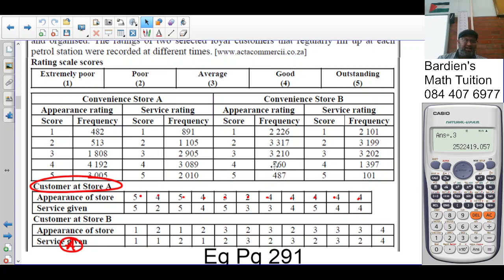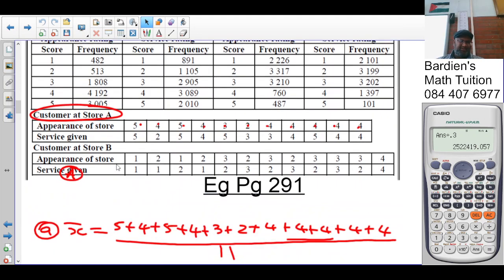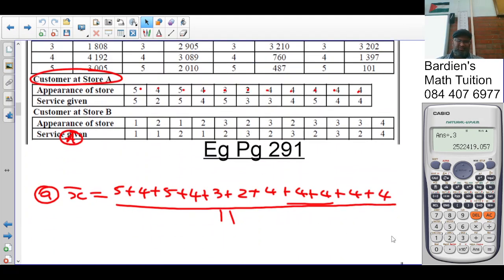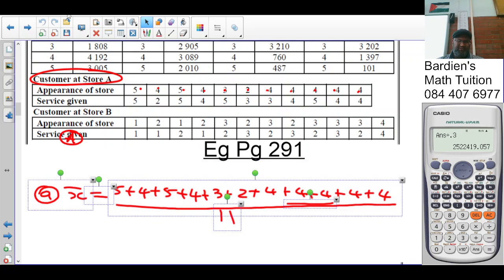We said that 1 is extremely poor while 5 is outstanding. And at this point we could already see from the offset that the convenience store A at the garage is much better in terms of service rating as well as appearance rating at this point. Okay. So let's take this off and I'll start again in terms of the calculation.